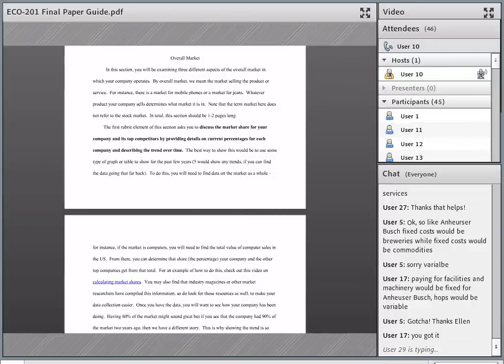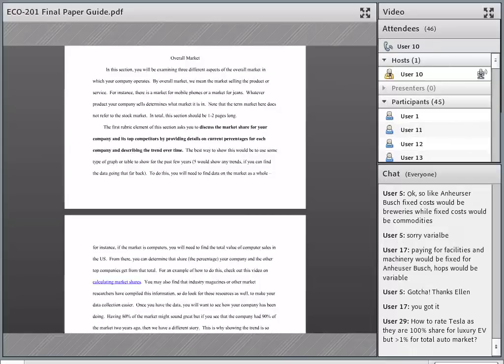So you can address the trend over time topic a little less. I don't want to say less explicitly, but you might not have as many data points, and that's okay, because we understand that those data points just might not all be out there available to you.